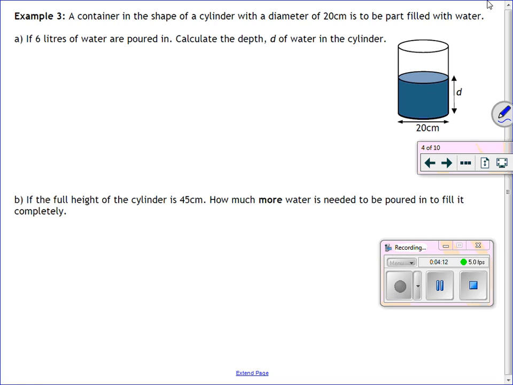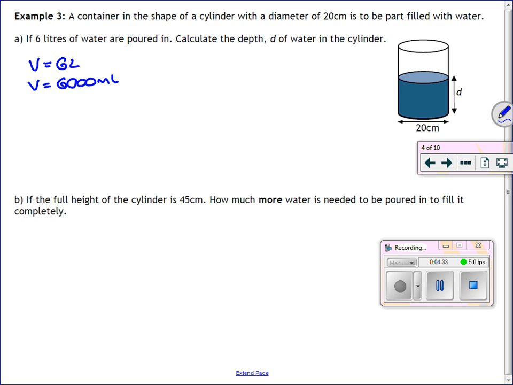so this is really a backwards volume question. So we know here that we really know the volume. If it says that it's been filled with 6 litres, the volume is 6 litres. So that means that the volume is 6,000 millilitres.